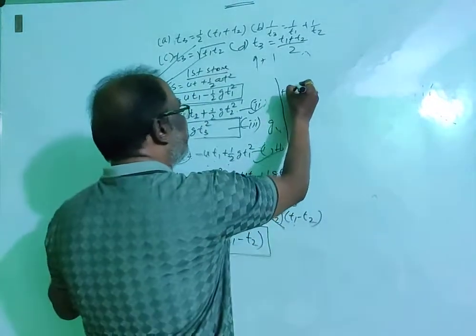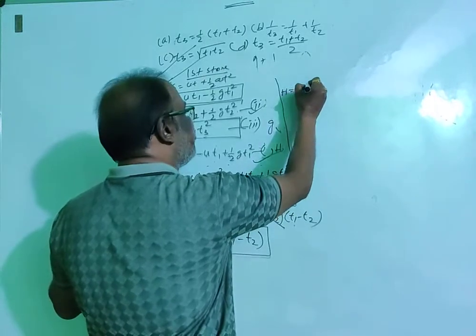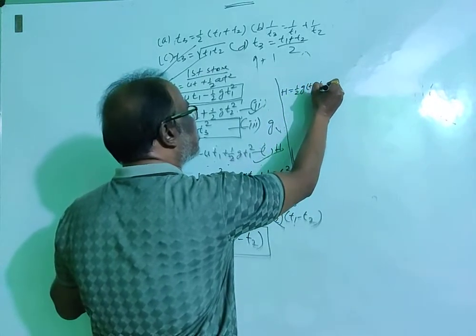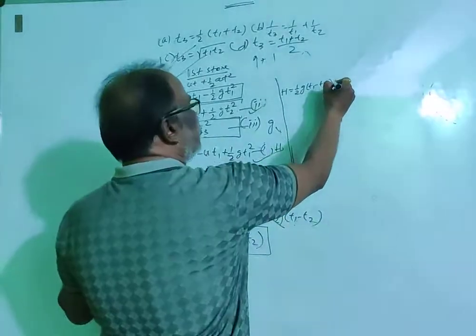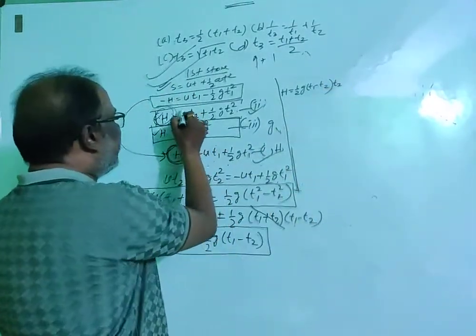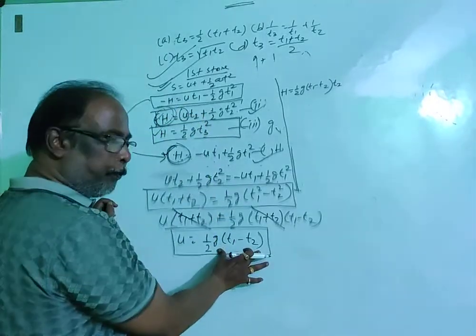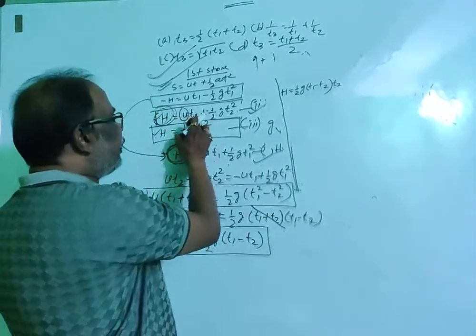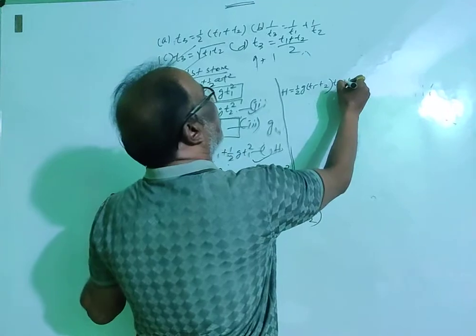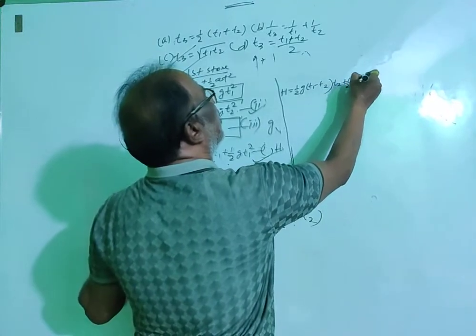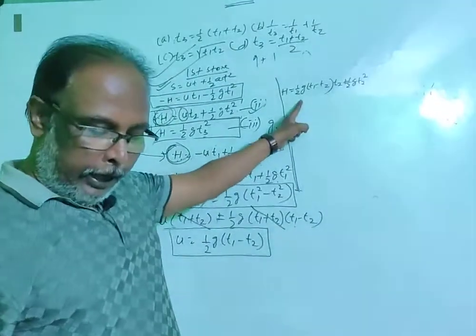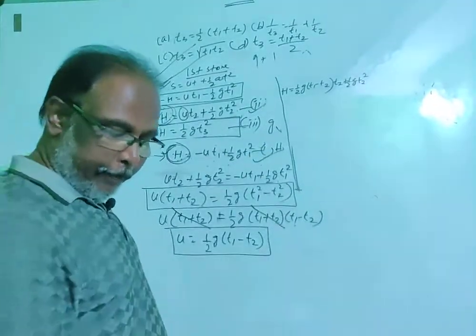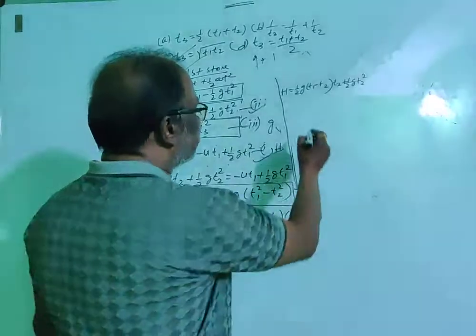In place of u, you may write half g into t1 minus t2, into t2, plus half g t2 square. Is it clear? Yes, sir. Then you may solve it now.